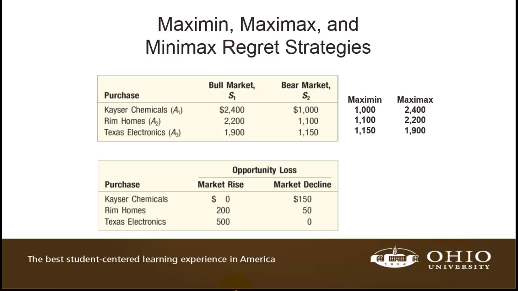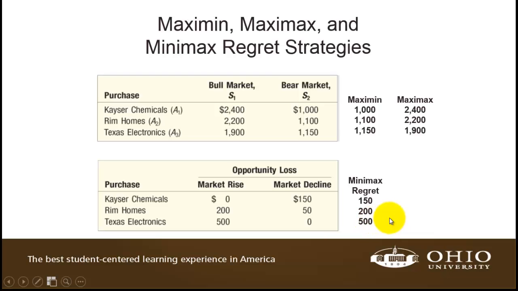And finally, let's look at what would happen if we looked at the regret matrix, and we can see that if we wanted to minimize the maximum regret, if we chose Kaiser Chemicals, the maximum regret would be $150. If we chose RIM Homes, it would be $200, and if we chose Texas Electronics, it would be $500.